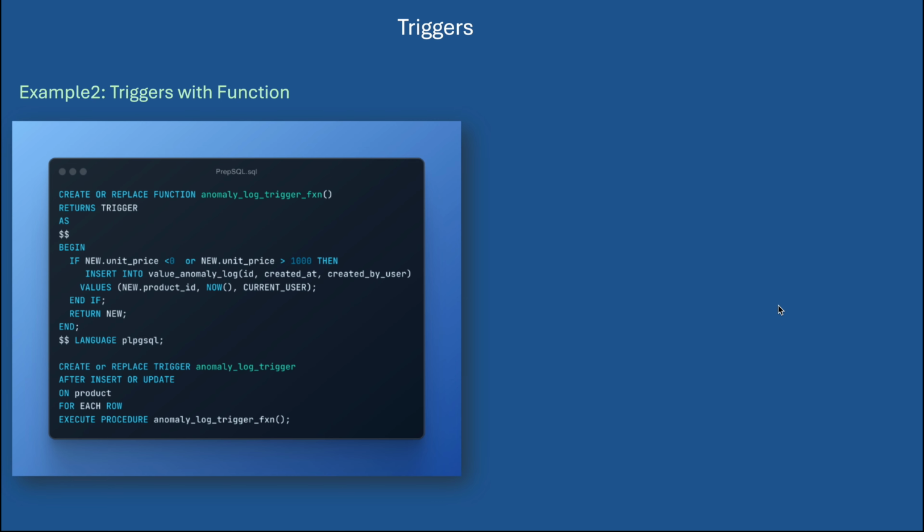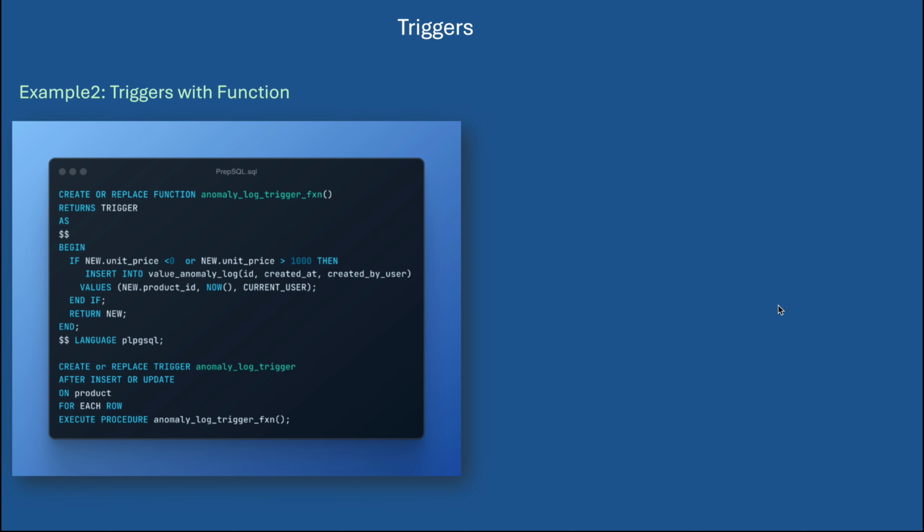In our case, if the unit price is less than 0, insert into the columns ID, created at, and created by user, with the values new.product ID, now, and current user. We close the begin statement over here and also return the new row. Before we end SQL, we give $$ language plpgsql over here.